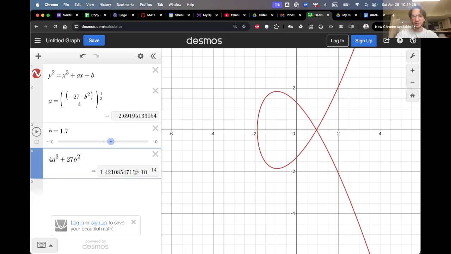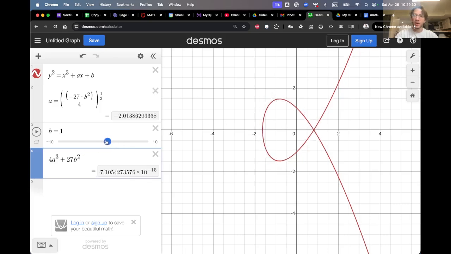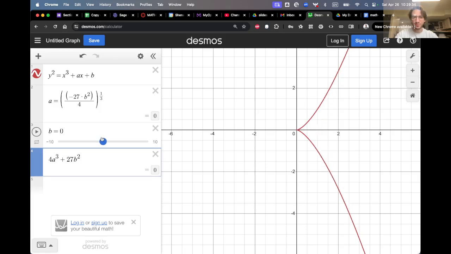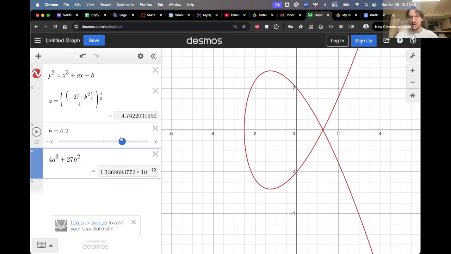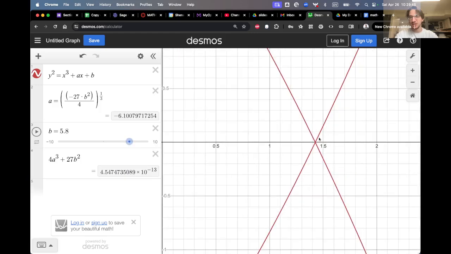Desmos is a little stupid, and so there's round off error going on here. But notice the shape of this curve. No matter what I do, the shape of this curve for b greater than 0. If b is less than 0, then we get some weirdness. But no matter how I increase b, I'm always getting this weird self-intersection right here.